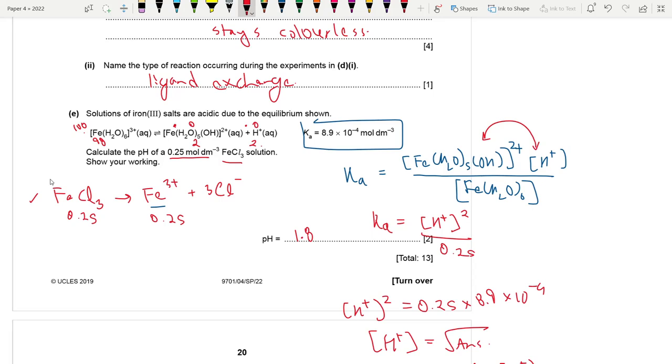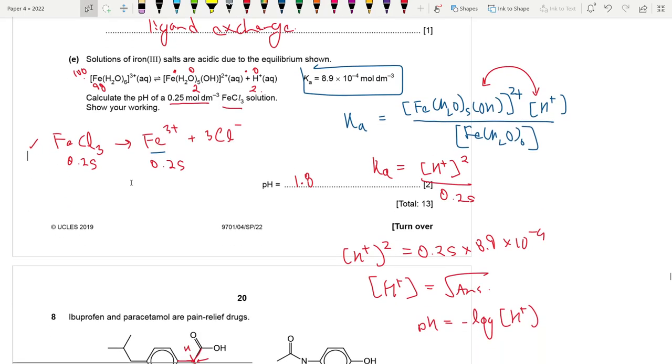So Ka is equal to [H+]² divided by 0.25. You can find the H+ concentration. It's the square root of 0.25 × 8.9 × 10^-4. Now if you apply −log[H+], you're going to get the answer of 1.8. Okay, the answer is 1.8.